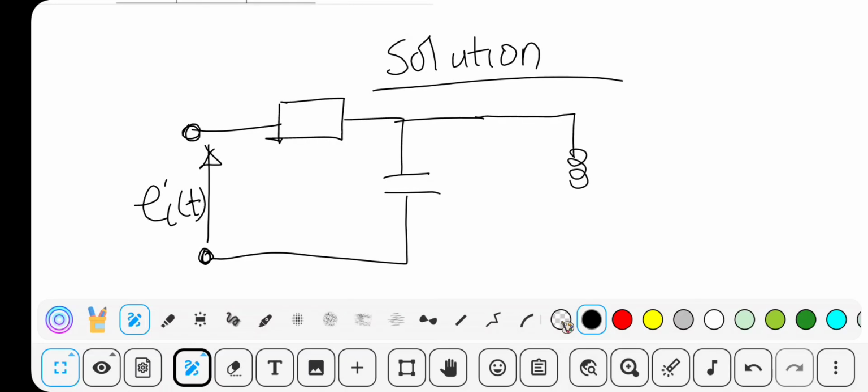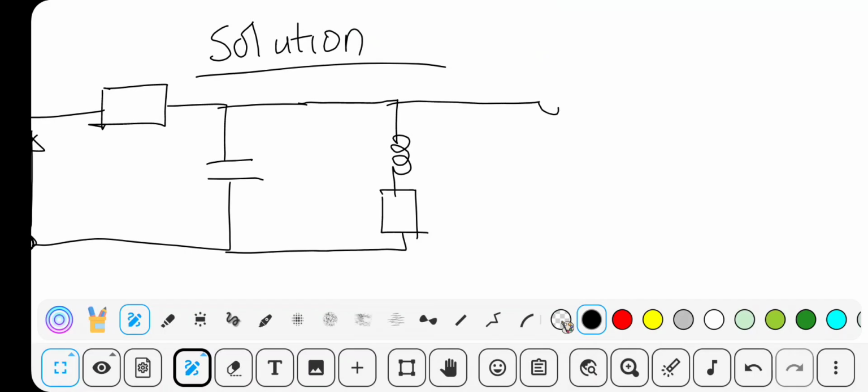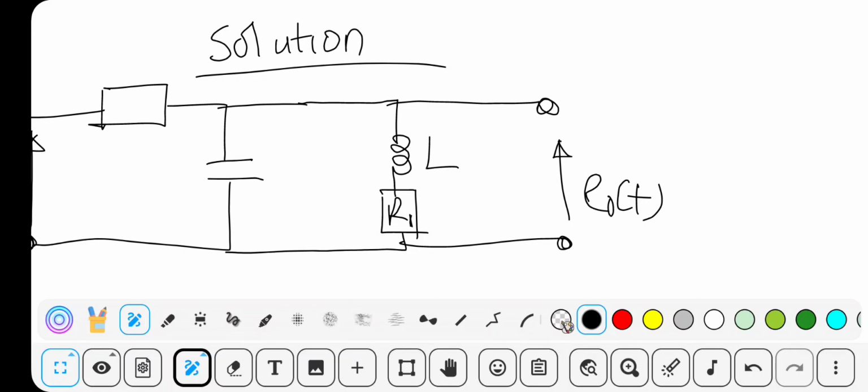This is the inductor, resistor. So this is R1 and this is C and this is R. The resistor 1, capacitor, inductor.